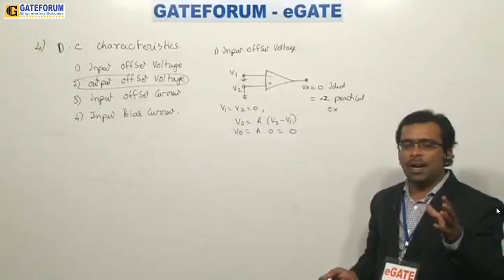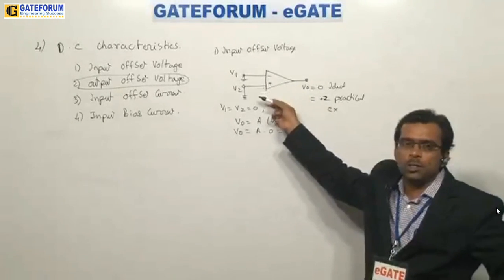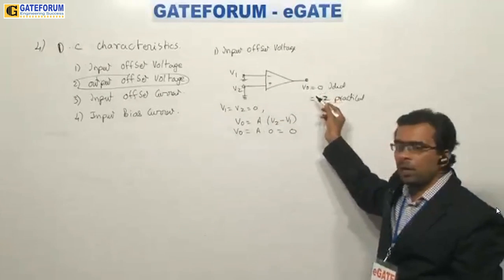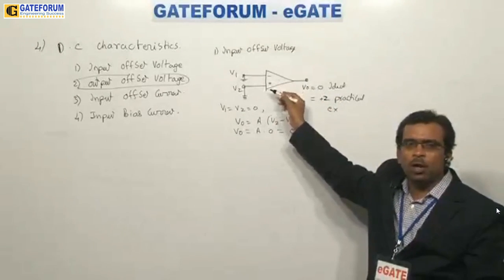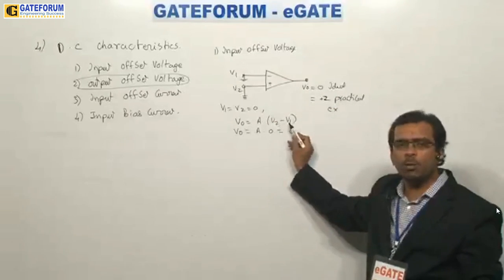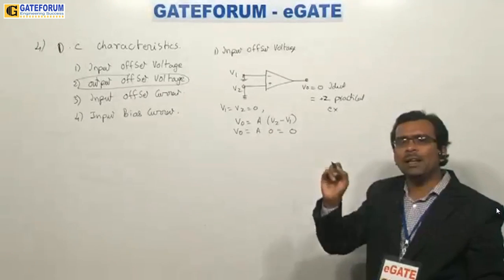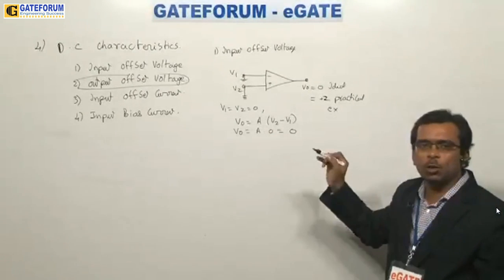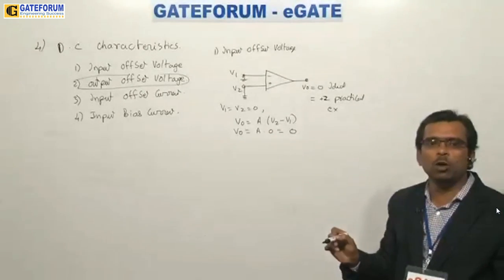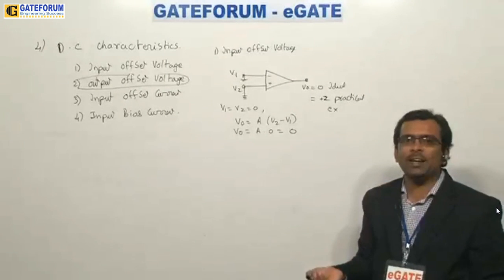Why? Because in your lab, when you try to take the record, when these two inputs are 0, you are supposed to get output 0. When you give some input, then you should get output as gain times this. Say the difference is 5 volts and the gain is 10, 5 into 10, I should get 50 volts. But in the lab when you do the experiment, if you get an extra 2 volts, definitely you will get the answer wrong, because you are getting a wrong result.